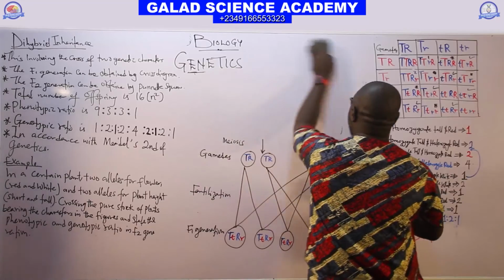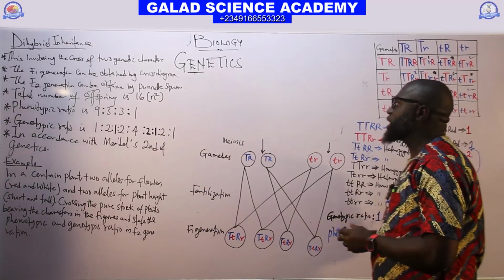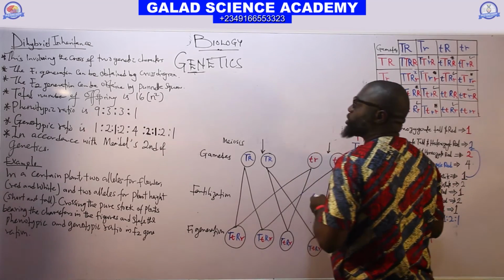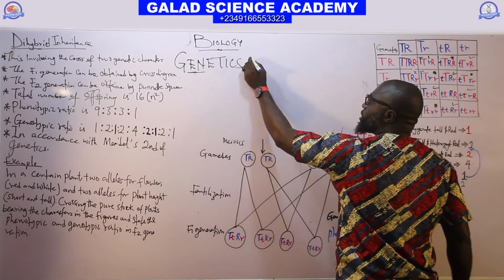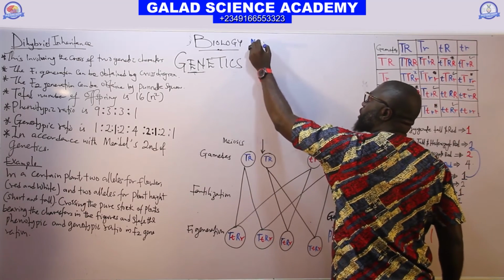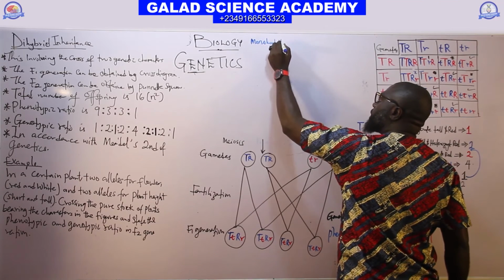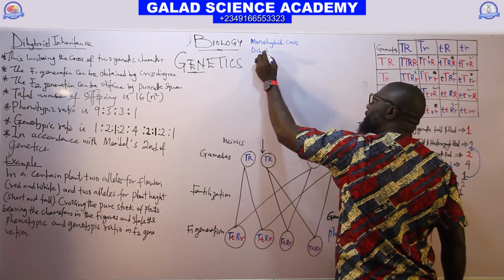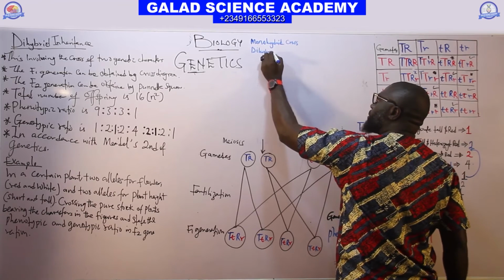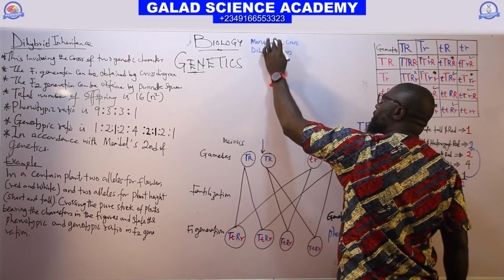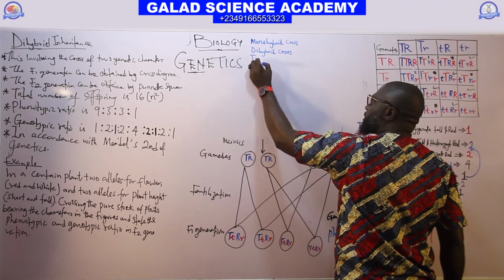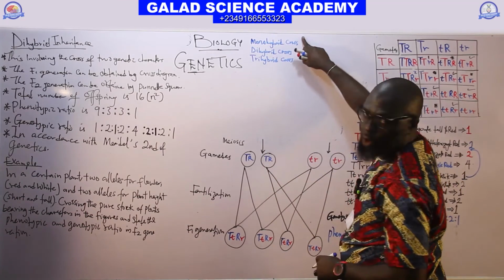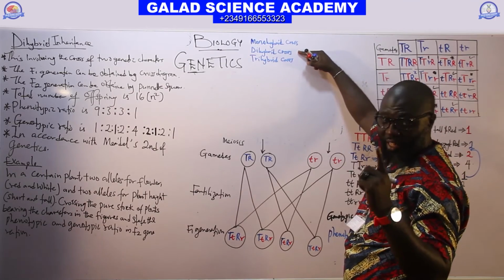So it will be very useful for us. The shortcut is, if you are asked, the cross can be divided into 3 parts: monohybrid cross, dihybrid cross, and trihybrid cross. Monohybrid deals with one character, di, two characters, tri, three characters.